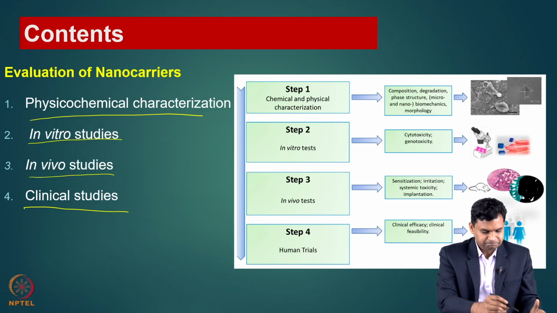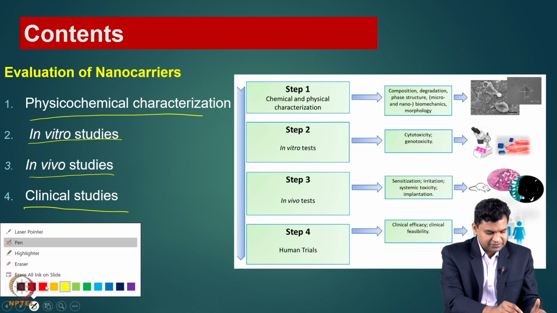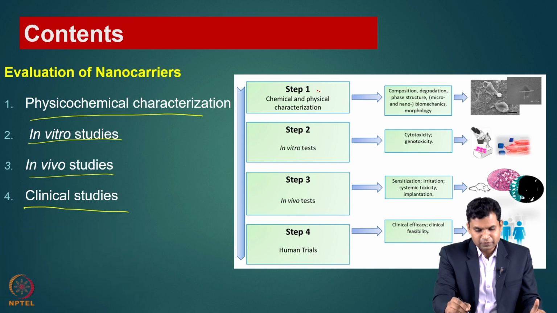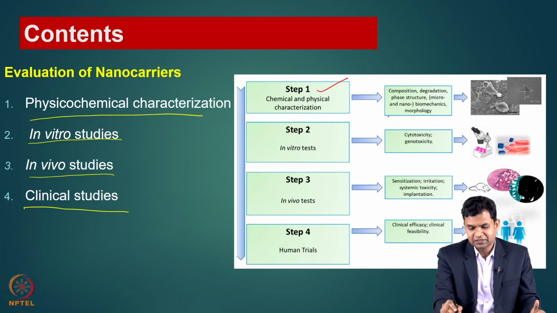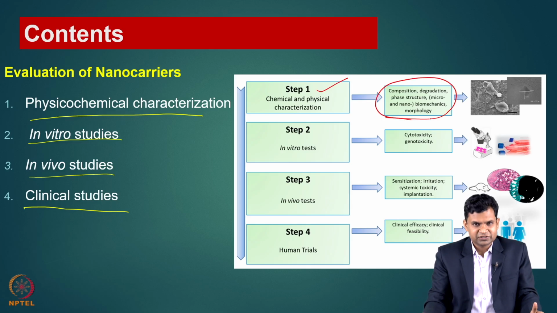Step 1 indicates the chemical and physical characterization. Here we look at the composition, the degradation time and the structure, and we can see the shape, size and roughness of the material, which can be detected using various microscopic techniques.